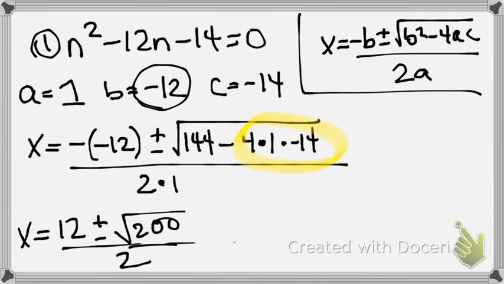Try it. You do get a decimal? Okay, so this is going to go back to Algebra 1, and I'm just going to look at the square root of 200 because your calculator won't do this for you.